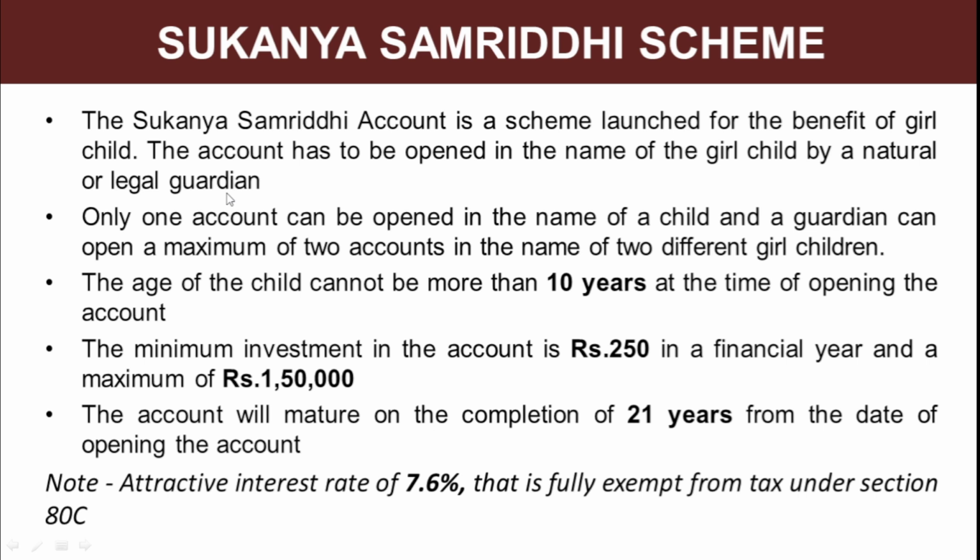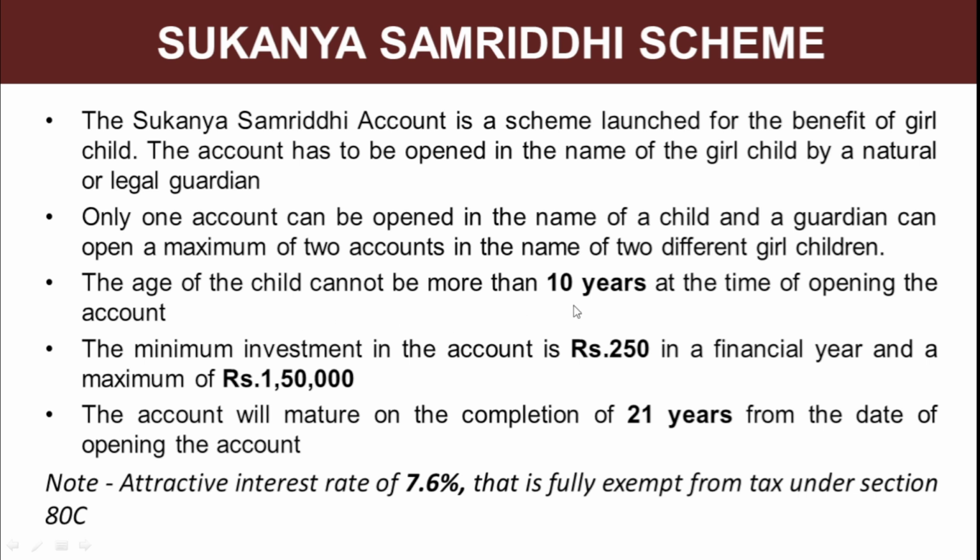And let's look at some of the key points of this scheme. Only one account can be opened in the name of a child, and a guardian can open a maximum of 2 accounts in the names of 2 different girl children. So only one account is allowed per girl child. If in a family there are 2 girl children, then in the names of both girl children there can be a maximum of 2 different accounts.